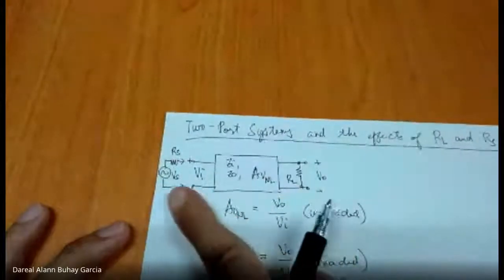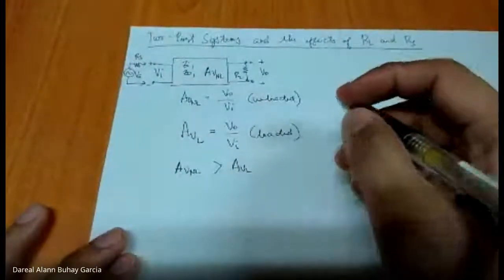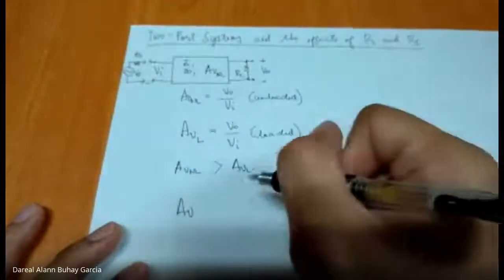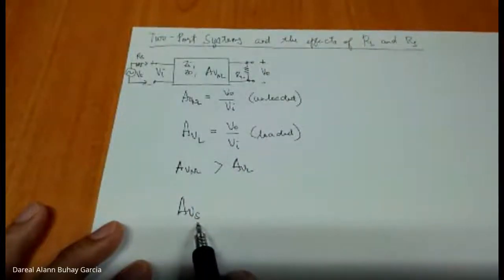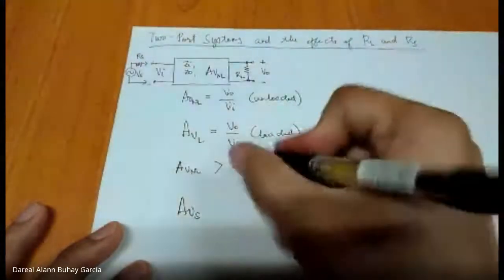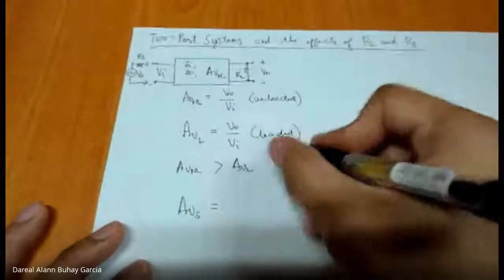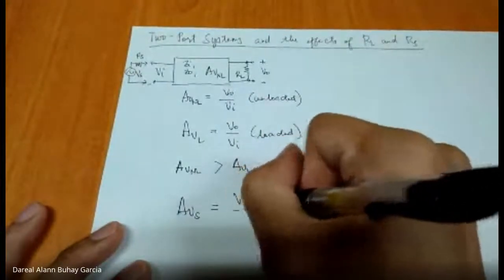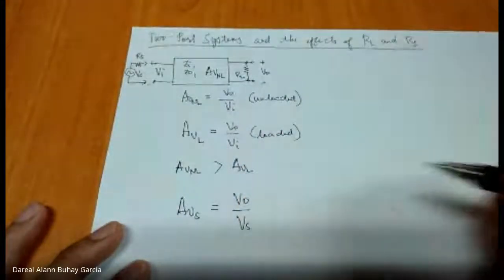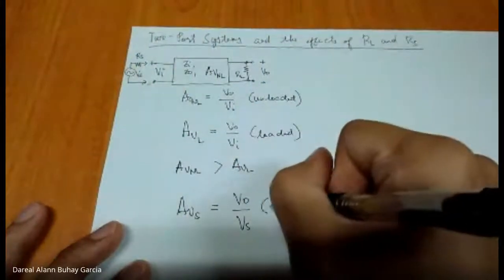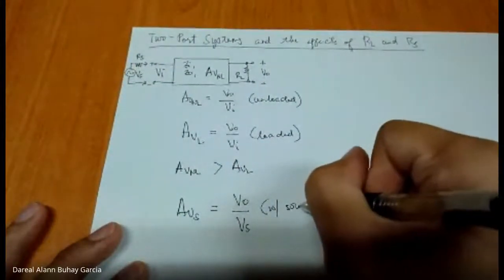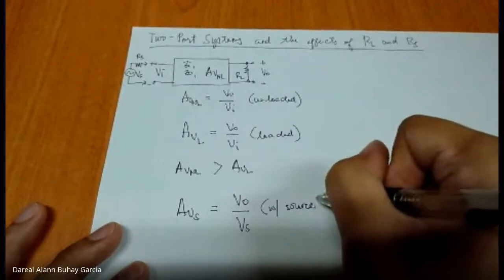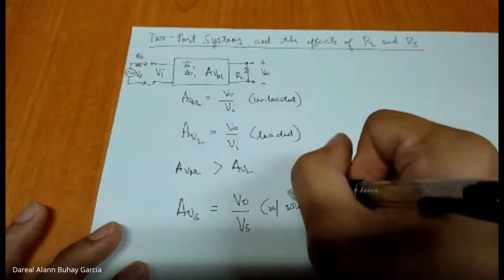Rs, RL, Vs. The overall total voltage gain, we denote it as AVS, to account for the effects of the source. AVS is equal to VO over VS, so, with signal source.